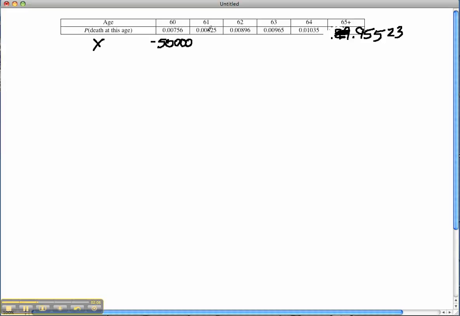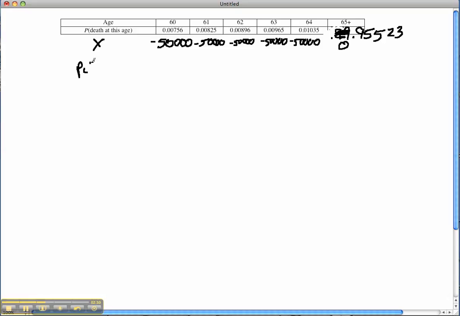So what they're going to lose is just the death benefit, and I'm going to write that in here. Right here they're not going to pay anything, so we haven't included the cost of the premium yet, but that's okay, we can deal with that later.